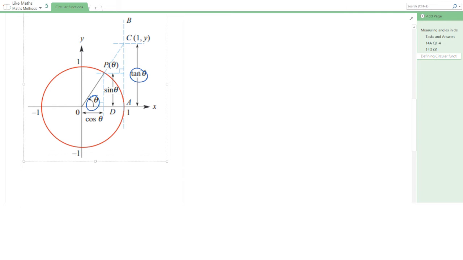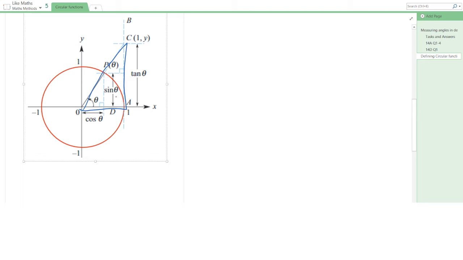That's all very well, but how does tan theta relate back to the sine and cosine that we've just been looking at? Well, it's done through similar triangles. If you look at that triangle there and that triangle there, they're similar.